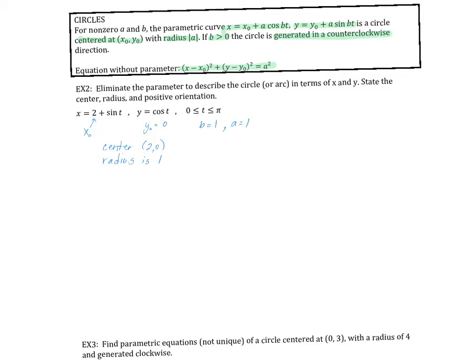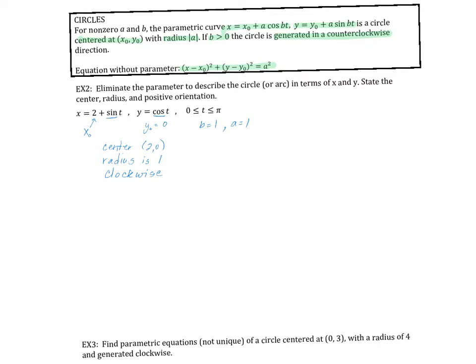Well, because we exchanged the sine and the cosine in the generic form, we've changed the direction. So this is actually being generated clockwise. So if your b value is positive and you exchange sine and cosine, it changes the direction. Again, you can verify this by a calculator or a graphing device.